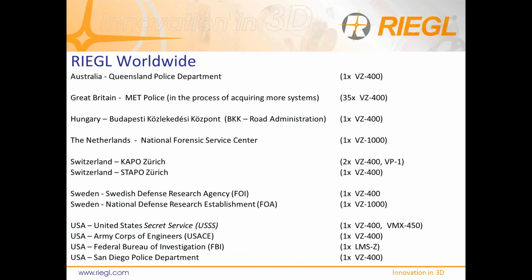And let's go to the U.S. Yes, I know our coverage in the U.S. is not as large. It's the next slide to talk a little bit more about purchasing power and whatnot. But the Secret Service has a VZ400. They started off with a VZ400, and just last year my guy over there realized the power of lidar, so somehow he managed to get the department to purchase a full-blown mobile system.